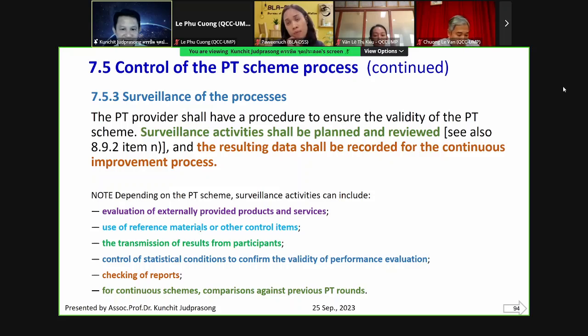Use of reference material or other items: if you use reference material, it has a certified value, it has certification, so you can use this to monitor or surveil that activity. Or use the transmission of results from the participants, or control scientific conditions to confirm validity, or checking the report, or for a continuous scheme, comparing against the previous one. So there are many steps, many protocols that you can follow.